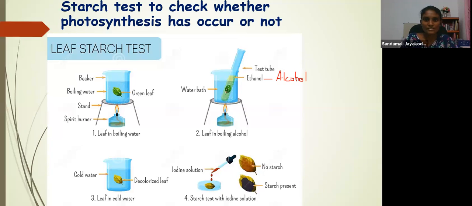Then we put this leaf here and again we are going to boil it. We put the test tube into that boiling water beaker. So now we call it a water bath. We are putting the ethanol-containing tube in a water bath.